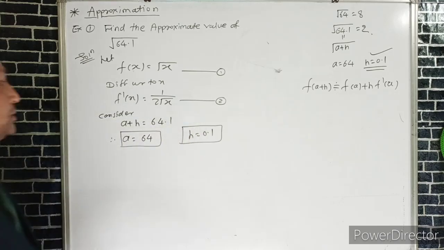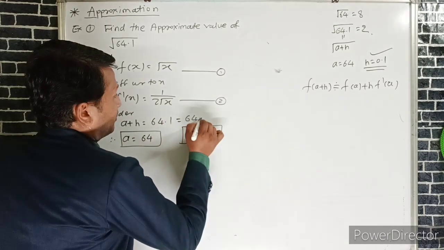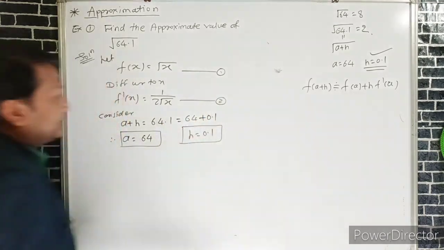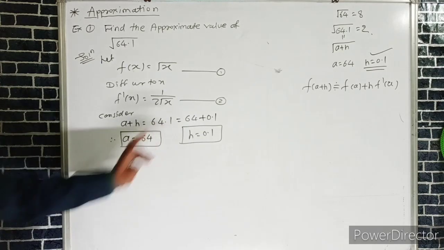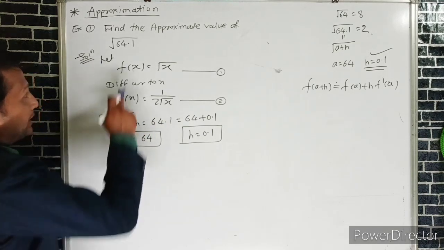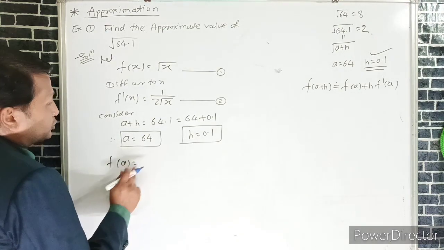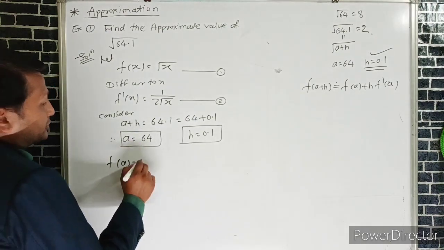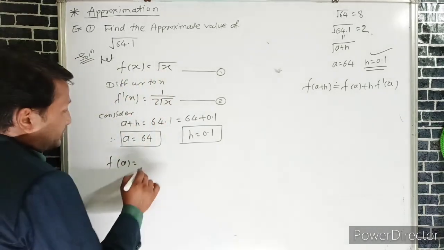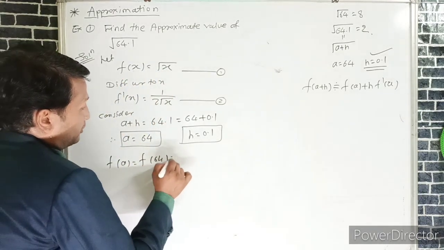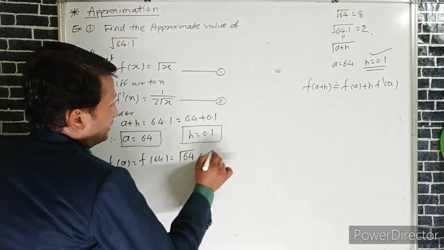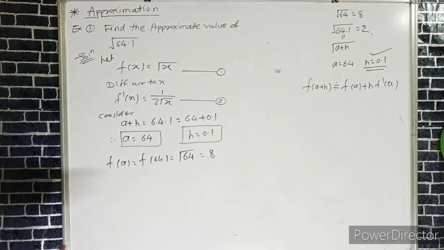64 plus 0.1 is 64.1. By using this value of a, we can write f of a, replacing the value of a, which is f of 64, which means under root of 64, and the under root of 64 is 8.